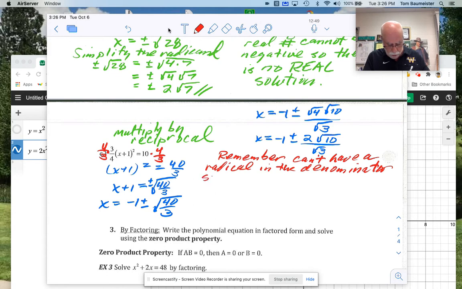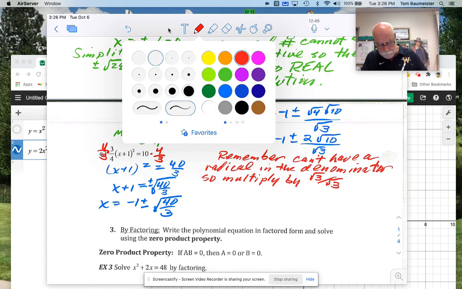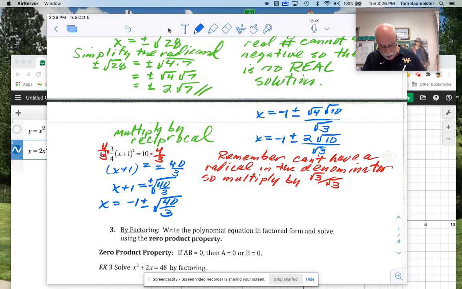So multiply by the square root of 3 over the square root of 3. All right, so if I do that, I'm going to take x is equal to -1.